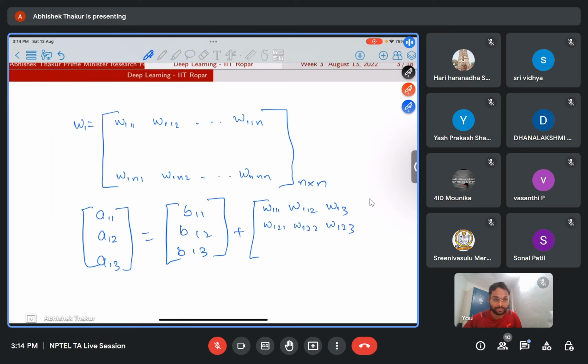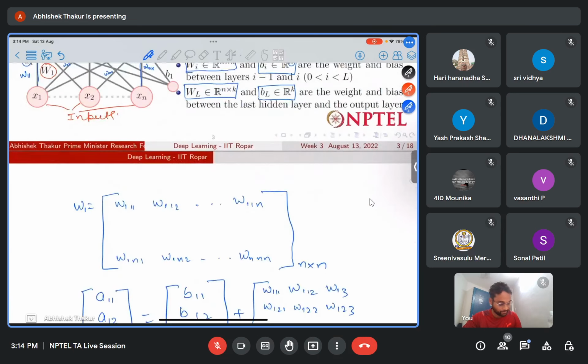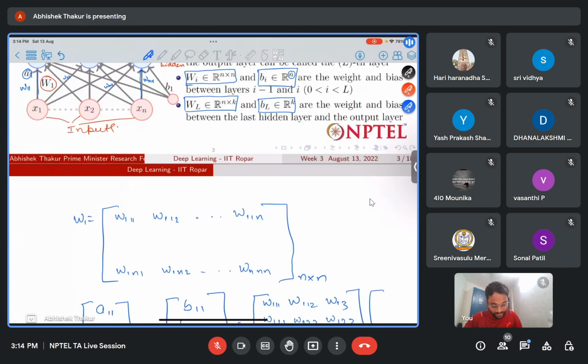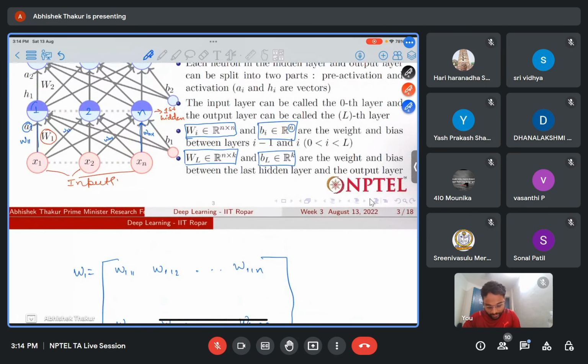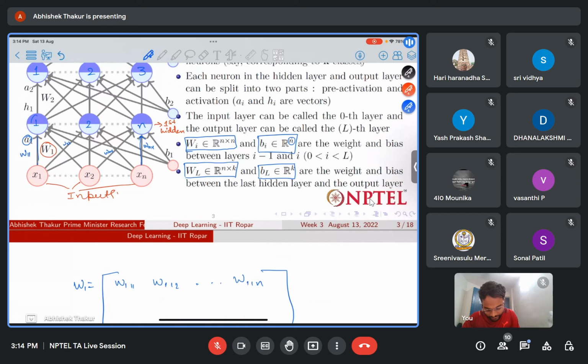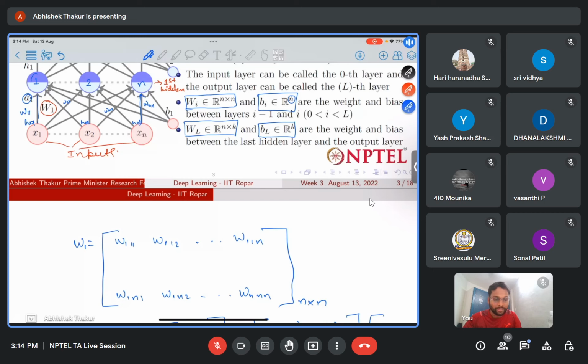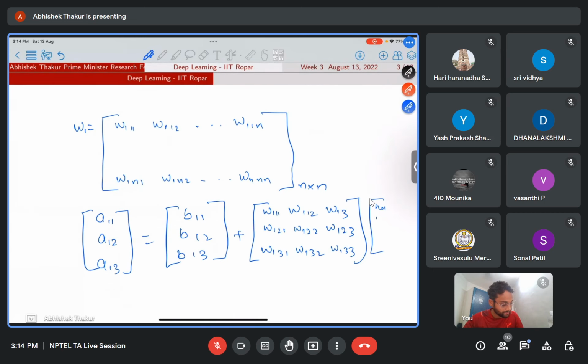Let's suppose for this three-layer network we are writing this expression: W131, W132, W133. This W is getting multiplied with H. Here this is our H01, H02, and H03. But in the first layer, H0 is our input layer only. So we can write H01, H02, and H03 equal to our input only, that is X1, X2, and X3.